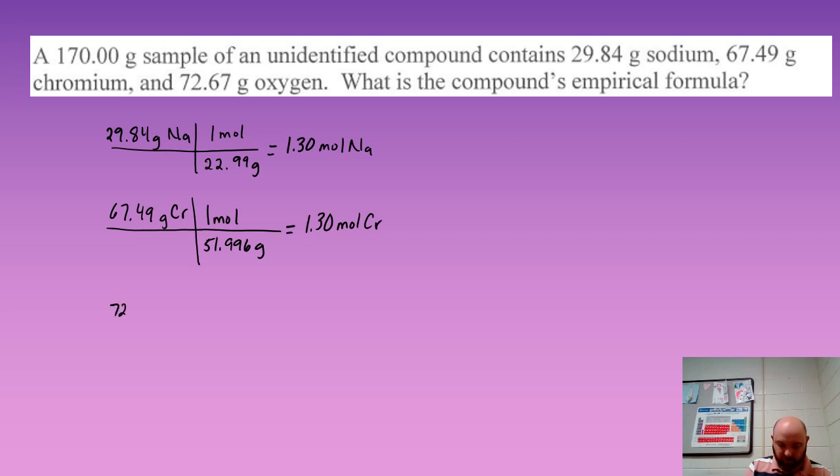And then I will determine how much oxygen is in my sample in a molar quantity. I have 72.67 grams of oxygen. And I'll set that up in a conversion to try to figure out how many moles that is. 1 mole of oxygen is 15.999 grams.